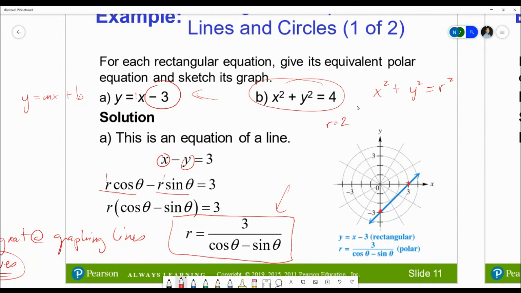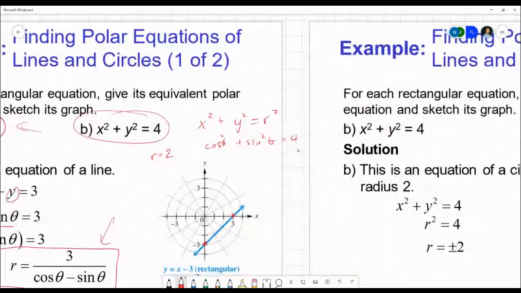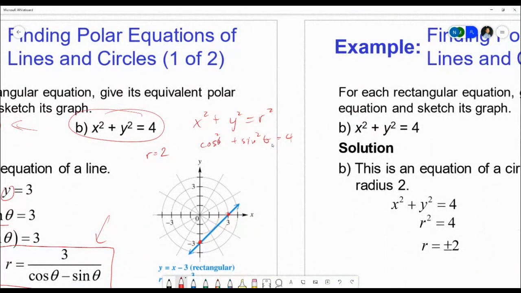And all this does is, you notice, if I substitute x squared in, I get cosine squared theta plus sine squared theta is equal to 4. That looks similar, right? Because that looks very much like the identity cosine squared plus sine squared equals 1.